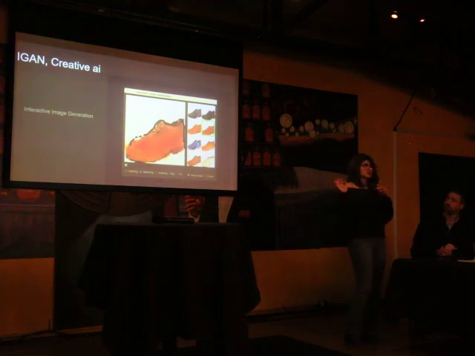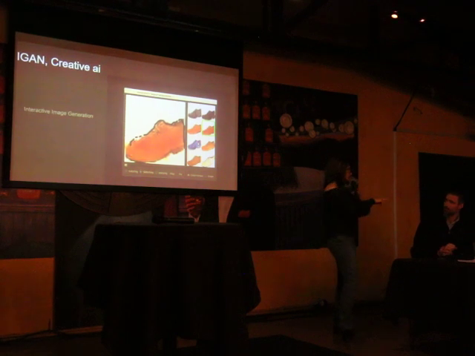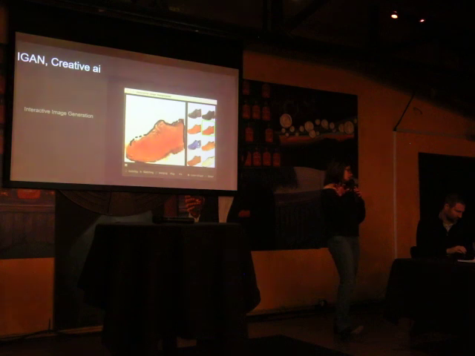This is a commercial project, and in this project you have a tool. You can also play with this one. You have a tool to interactively generate whatever product you want.